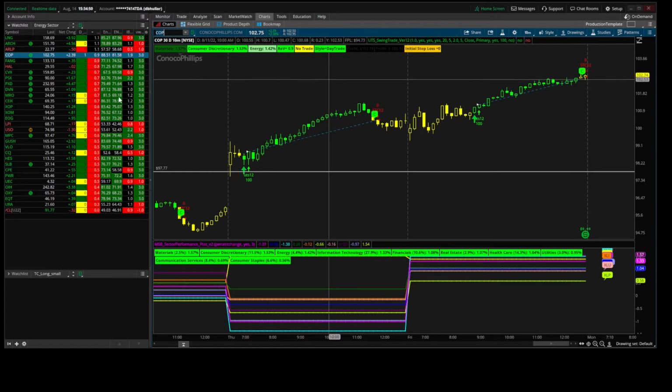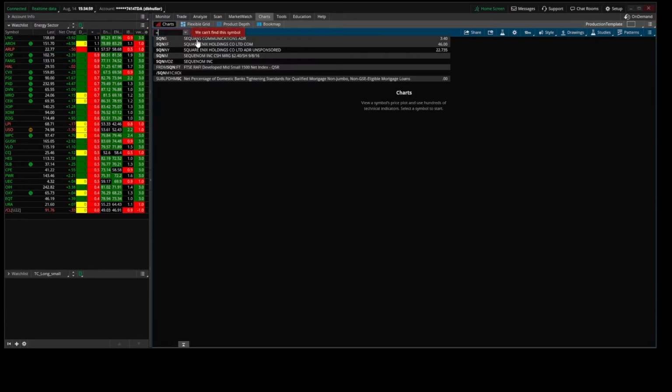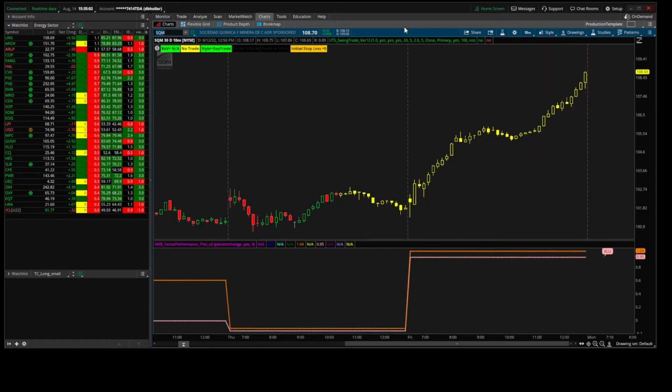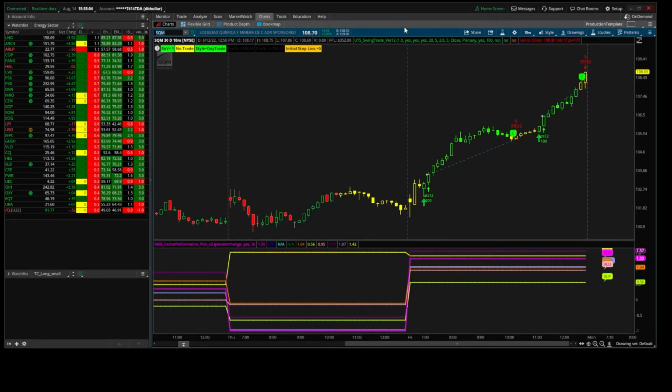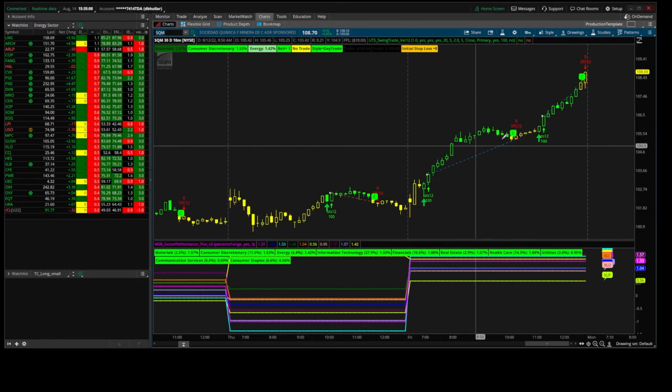And if you want to look at other material stocks, you could look at stocks like SQM, and you can look at CF Industries and other stocks from that particular sector, and you can see you had two good trades that showed up because you were picking trades from the best performing sector.